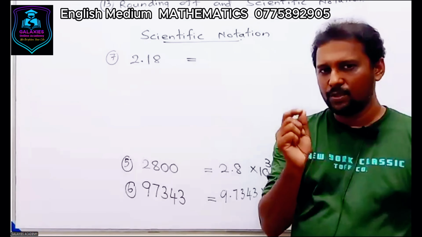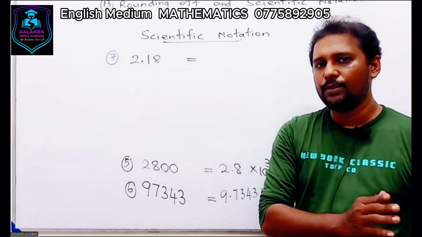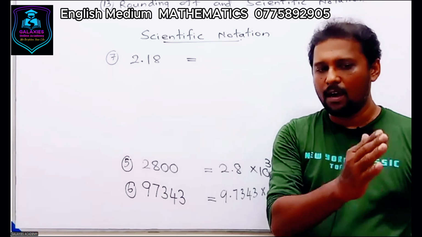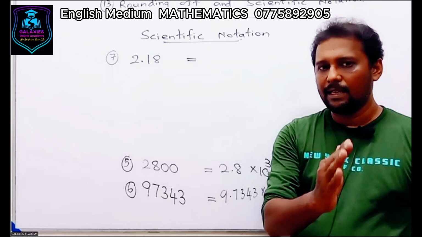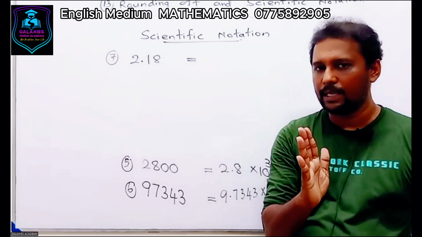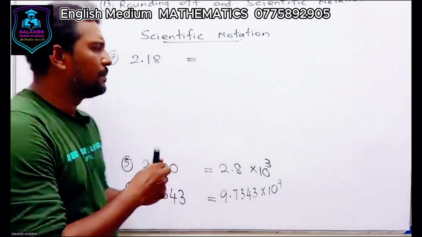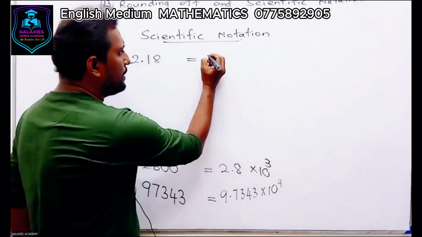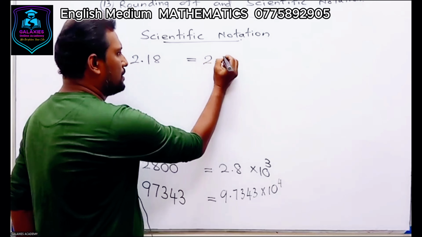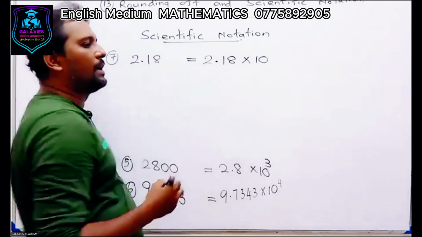First digit is 2. So when you write the scientific notation, you have to keep the decimal point after the first digit except 0. So after 2 you have to keep the decimal point, no? 2.18 multiply 10 to the power.